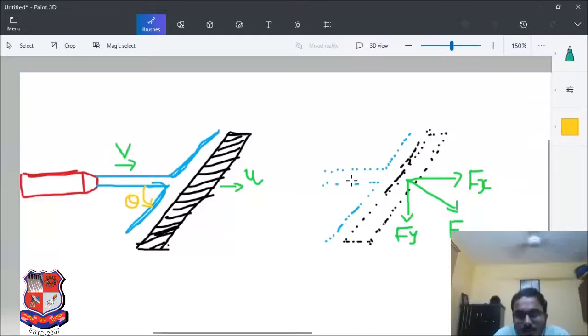Now if you recall, this angle is theta. So you can find that this angle will also be theta.